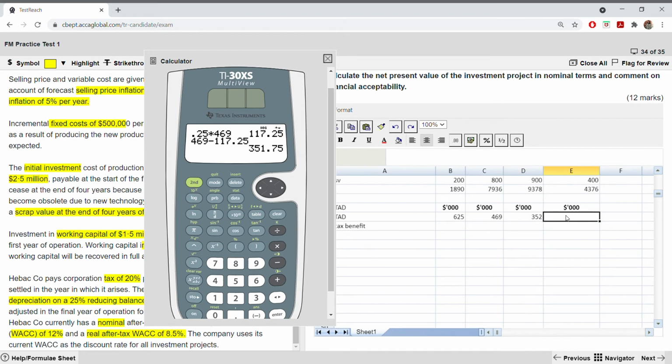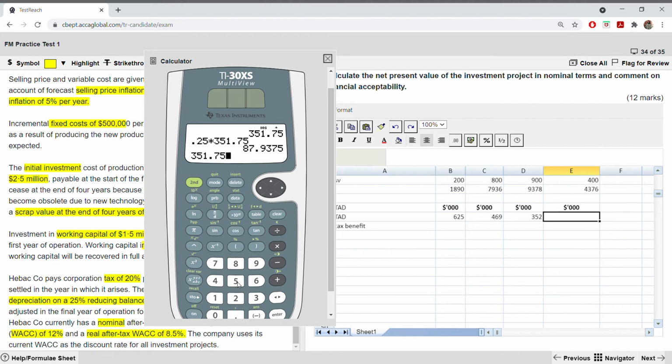Okay. What is the last one? So last one, now you're taking 25% on 351.75.